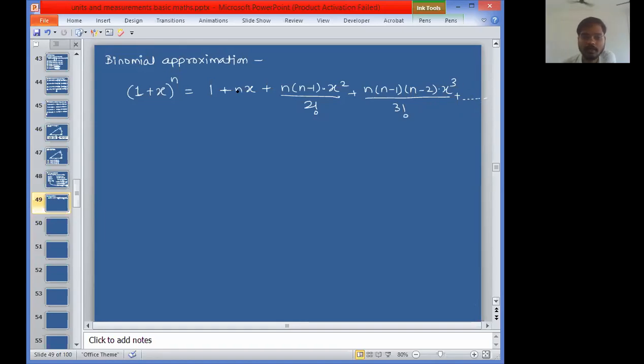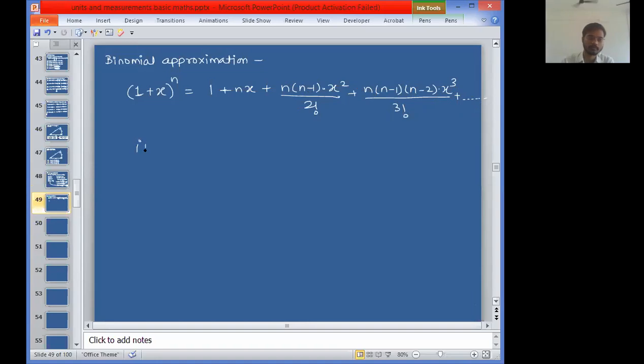And similarly these n terms: initially n, then n into n minus 1, then n into n minus 1 into n minus 2, then n into n minus 1 into n minus 2 into n minus 3. In this way we can keep on writing those terms.